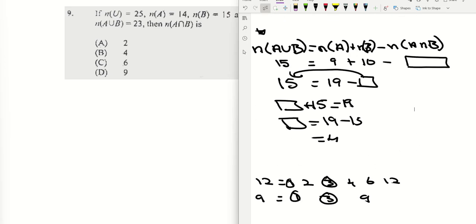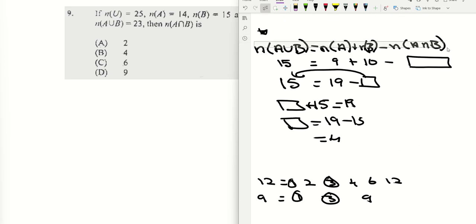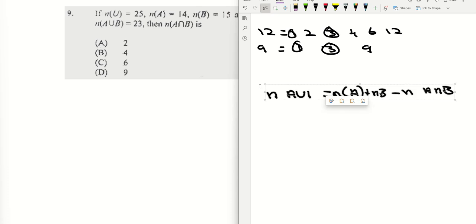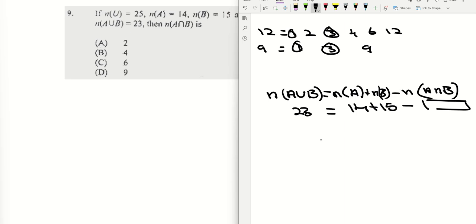Now, we learned this formula earlier, and the formula is right here. Put your little bracket here. Put your bracket here. Put your intersection here. So the union, 23, is equal to 14 plus 15 minus some number. 14 plus 15 is 29. 29 minus some number is 23.